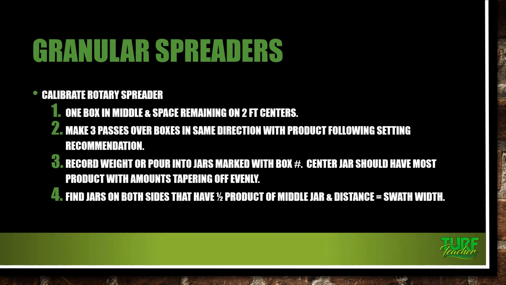We're going to make 3 passes over the boxes. So basically we're going to push our spreader over the boxes with the actual fertilizer or pesticide in the hopper. This is the only time that we're actually using the pesticide for calibration purposes. We're going to go over it once, come back around, go over it again, and then go over it a third time.